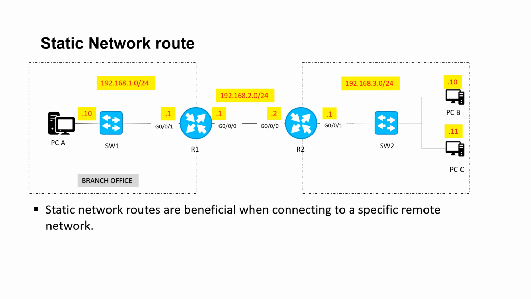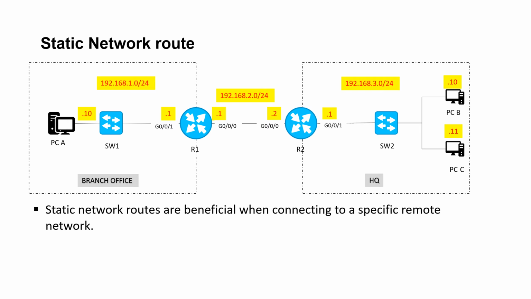For example, let's say I have a branch office and I want to connect to some services in the HQ. Our network in the HQ is 192.168.3.0/24 and the network used in the branch office is 192.168.1.0, and to reach the HQ I have to pass through R1 and R2.